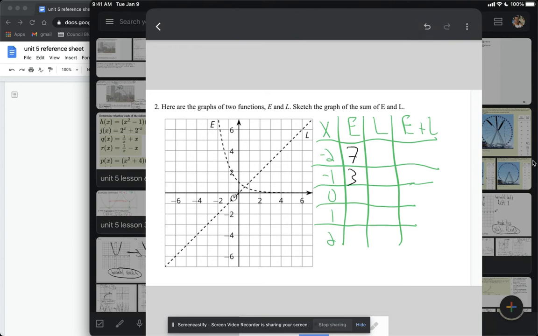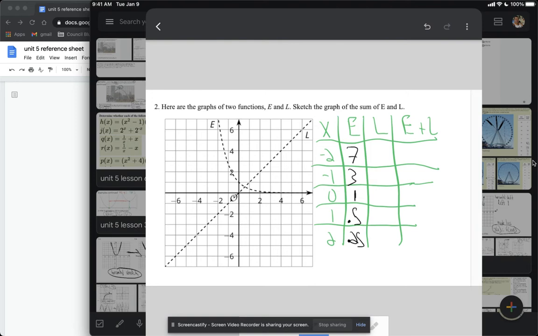At 0, it looks like it's at 1. At x equals 1, we'll call that a half, so 0.5. And at x equals 2, that's going to be lower than that. Let's just call that 0.25 for the sake of this problem.